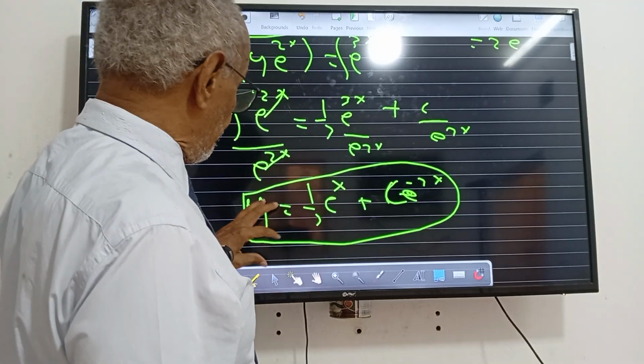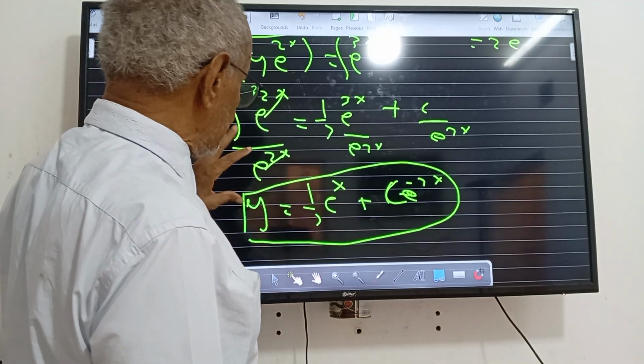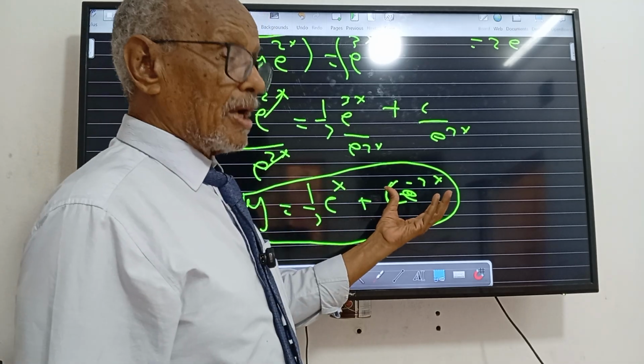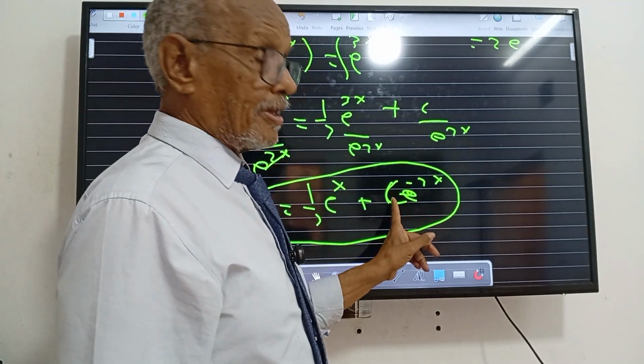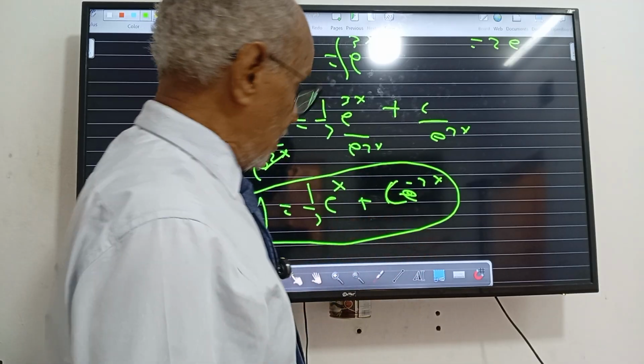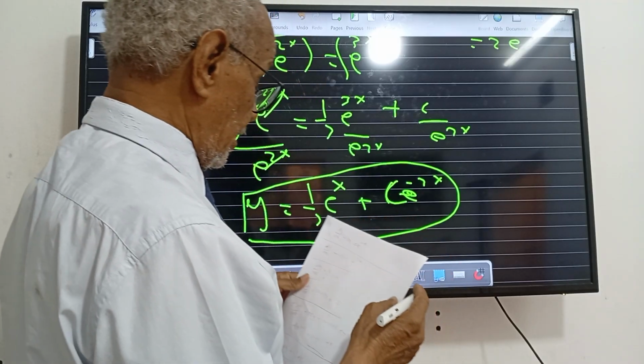So if we have initial conditions, that means if we have the values of y and x, we can easily calculate the value of c. So let us take another example.